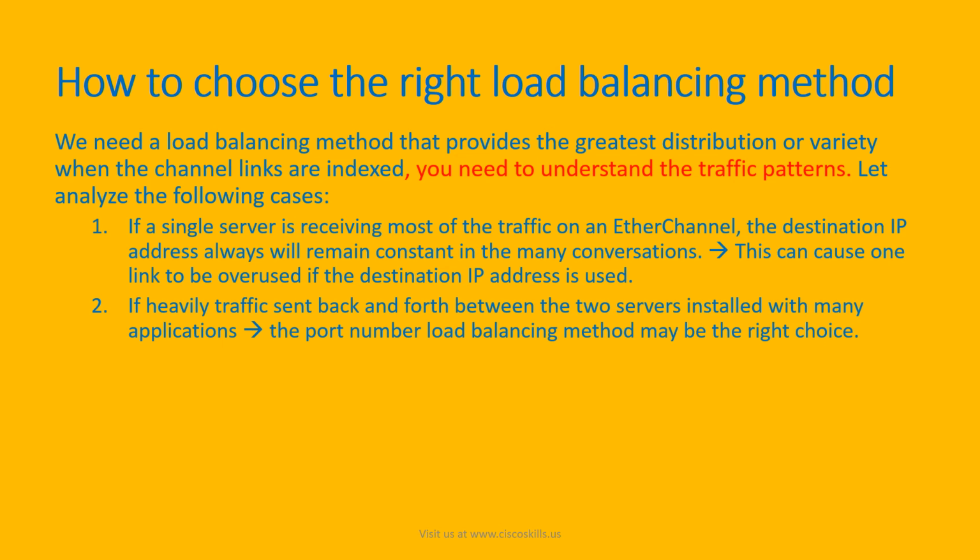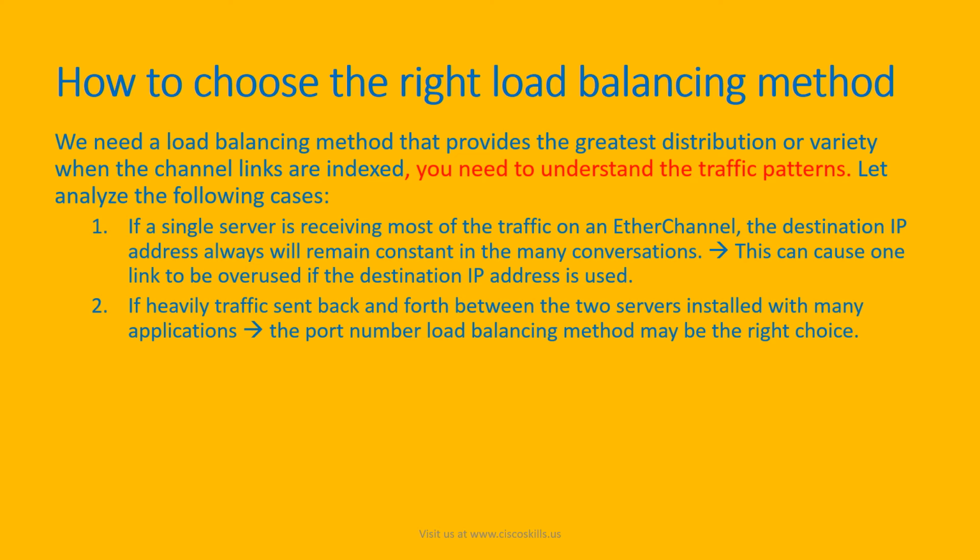Now the second case is if in our network there's heavy traffic sent back and forth between two servers installed with many applications. In this case, as you can imagine, the IP address and the MAC address remain the same for both servers.